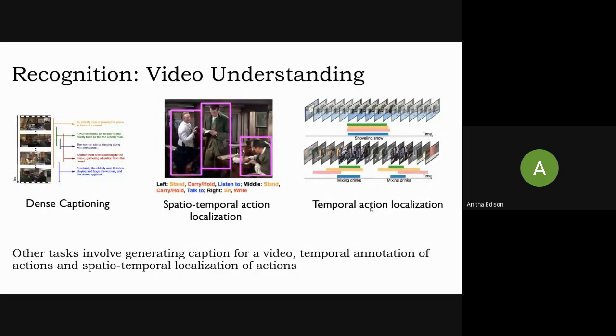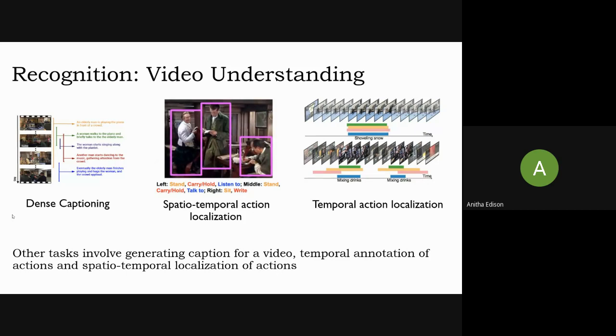Some other video understanding tasks which are researched: the first one is dense captioning. Dense captioning means, like the subtitles we have seen in a movie, for each frame a sentence is generated describing what is happening in that frame.